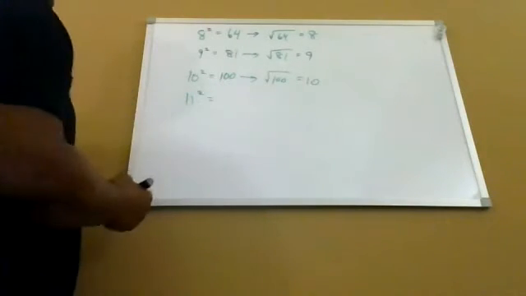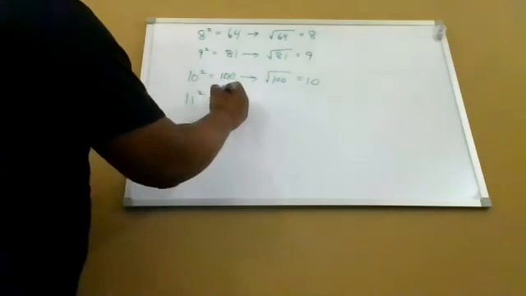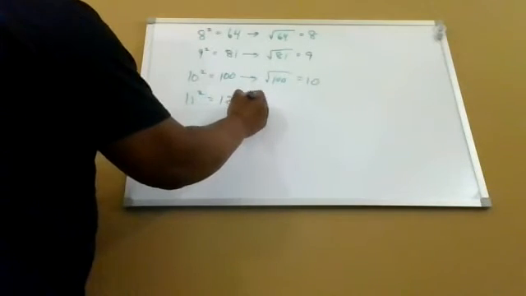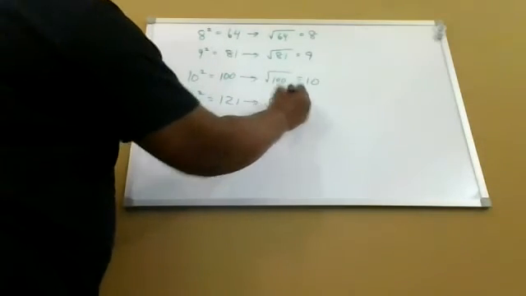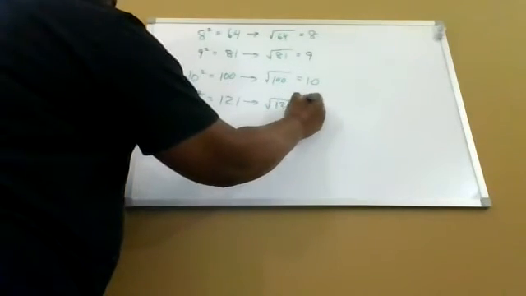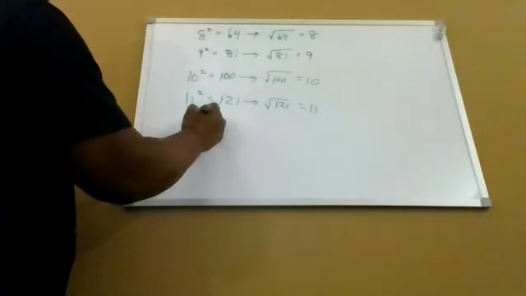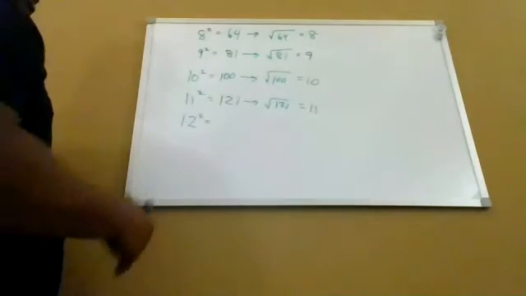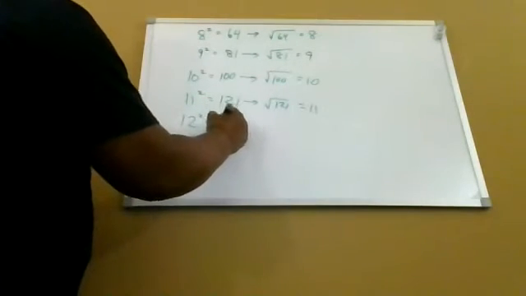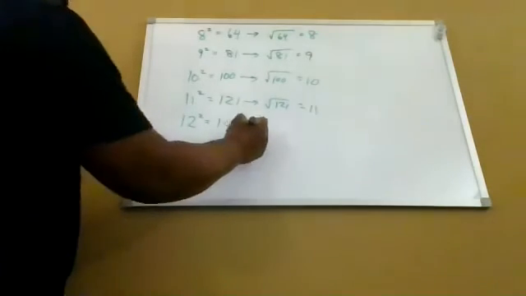11 squared means 11 times 11, which equals 121. So the square root of 121 equals 11. 12 squared equals 144.